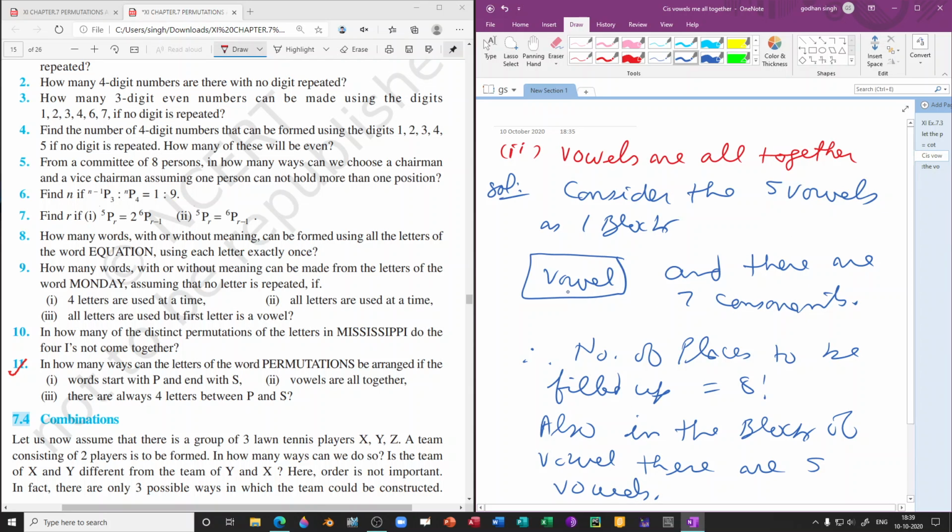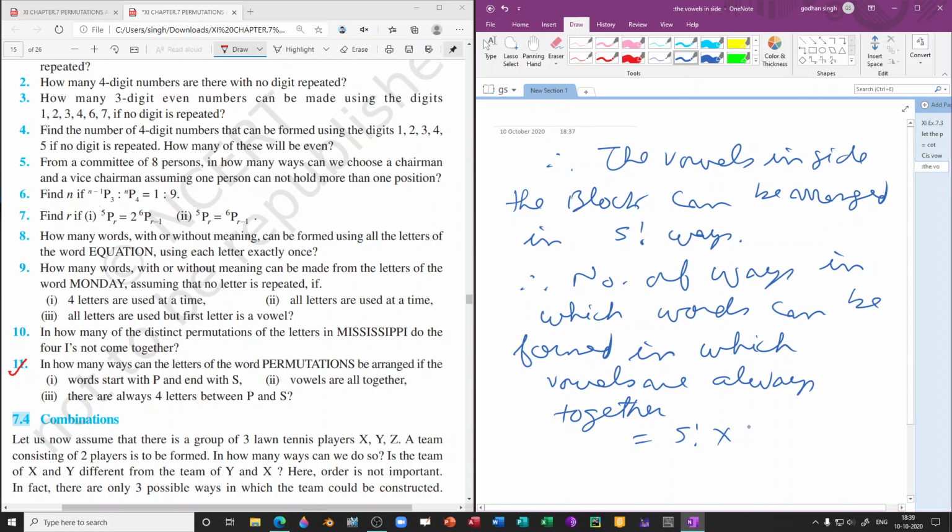See here, we have taken the vowels as one block, and the places we have taken is 8 places. So 5 factorial into 8 factorial, because we have 7 consonants plus one block of vowels. So total there are 8 positions to be filled up.